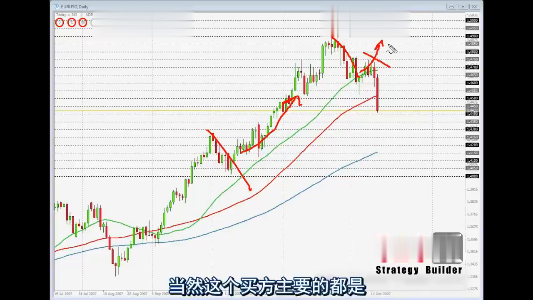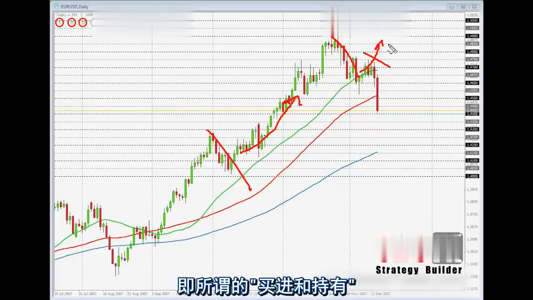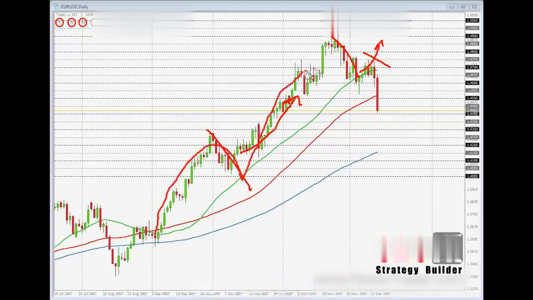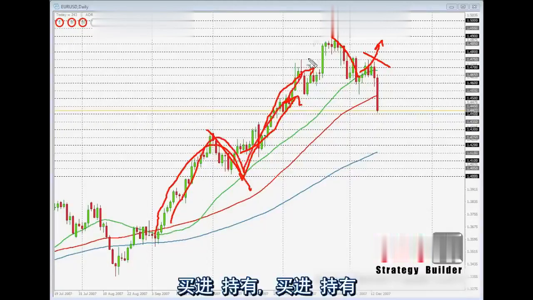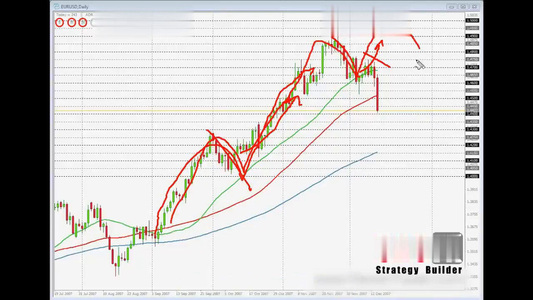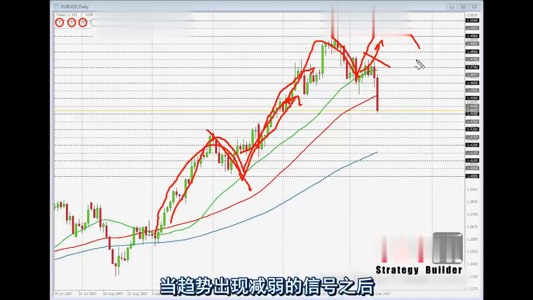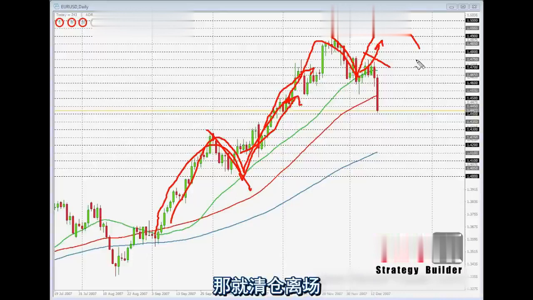That's the main trading strategy of most long-term investors, large investors such as banks, hedge fund managers, etc. You've probably heard before the concept of buy and hold. You spot a trend, and at every breakout, at every new swing, you buy and hold, you buy once again and hold, as long as the trend lasts. Once the trend begins giving signals of weakness, you exit all your positions.